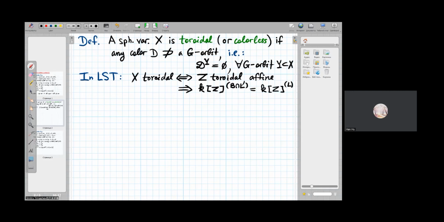The set of B intersect L semi-invariant regular functions on Z coincides with the set of L semi-invariant functions. Indeed, given such a function f, we have that the divisor of f in L is stable under B intersect L.